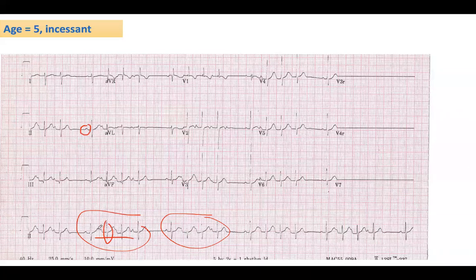That P that starts the tachycardia is different from your sinus P. The axis might be similar, lead 1 is very flat, but definitely lead 2 is positive, lead 3 is positive, and lead aVF is also positive. But the morphology definitely looks different. It looks less wide, more peaked, compared to the sinus P wave, right?